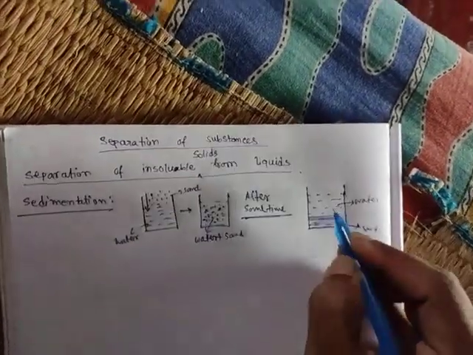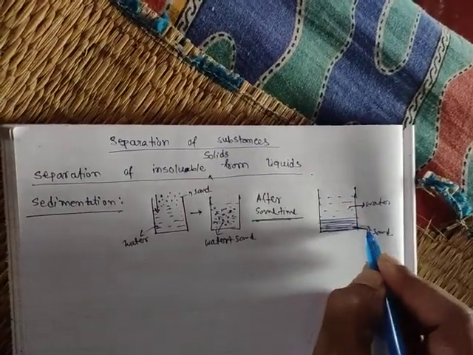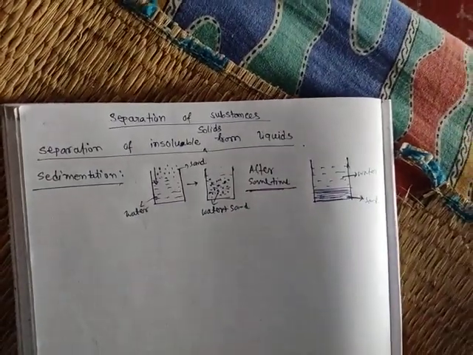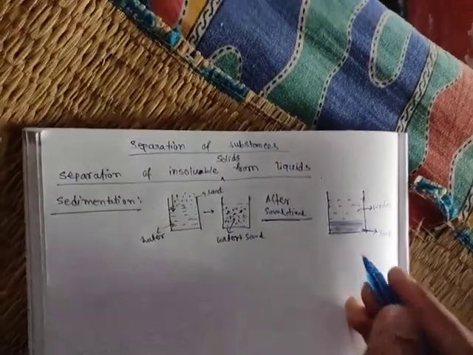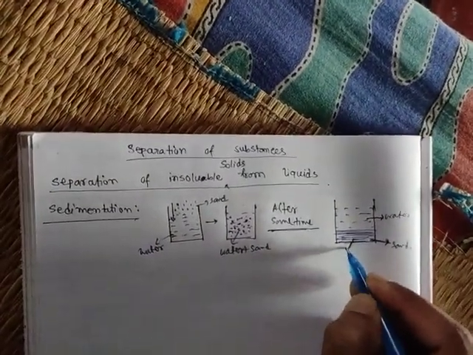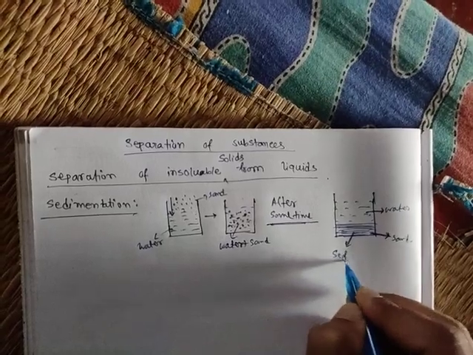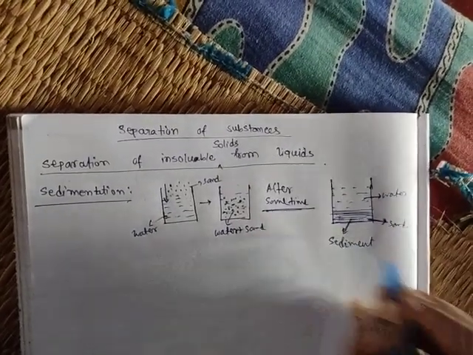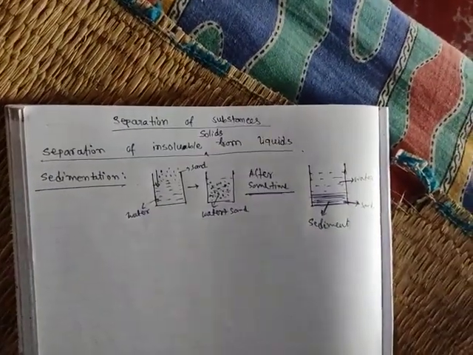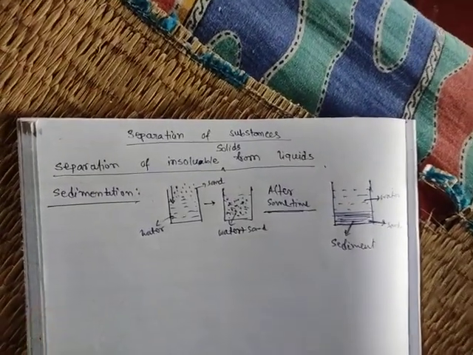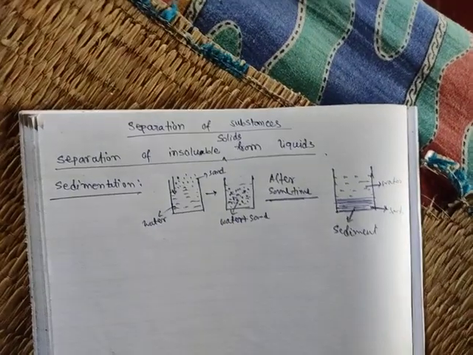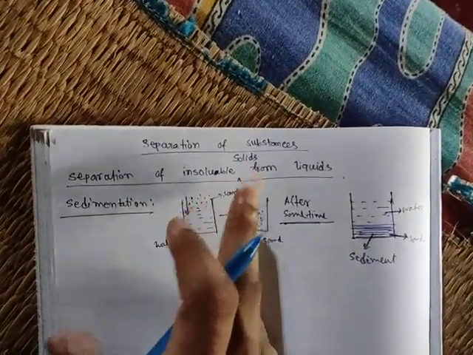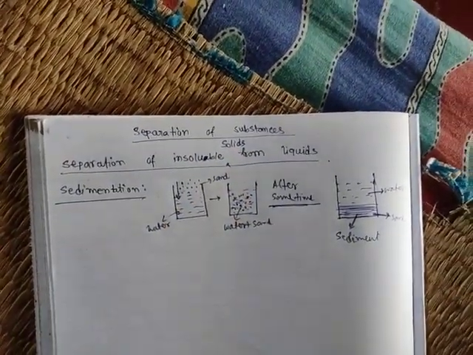Understand? Here we see water and sand separated in the container. This process is called sedimentation, and the settled solid is called sediment. Sedimentation is a process by which we can separate insoluble or undissolved solid from liquids.